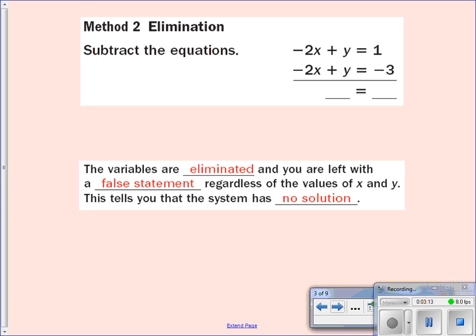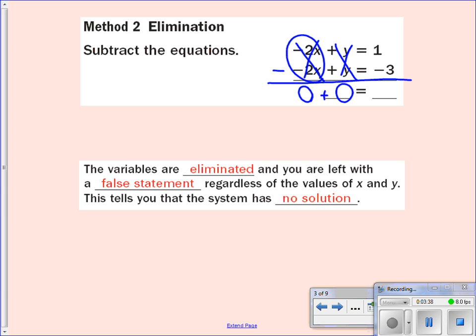So there's another option you can do. You can choose elimination, or any method. Let me show you how elimination would work. The coefficients are the exact opposites, so with my y's, I have y minus y.